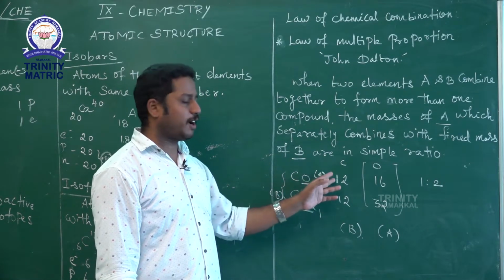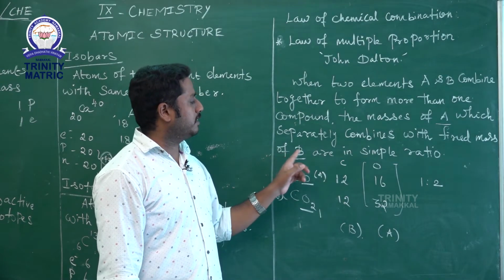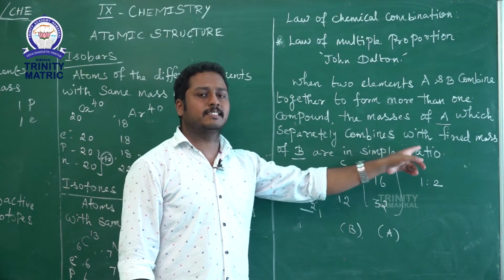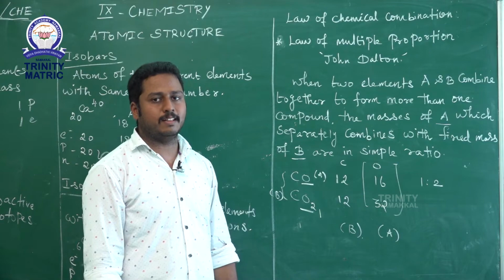In both cases carbon mass is fixed. So, the masses of A that combine with the fixed mass of B are in a simple ratio.